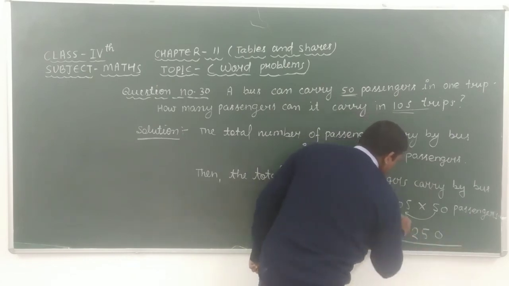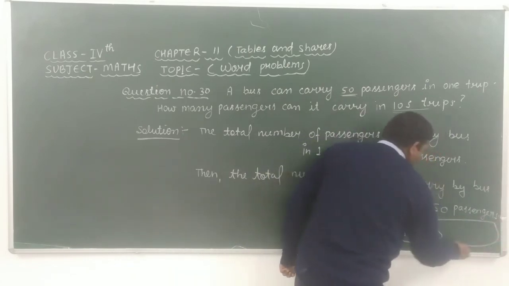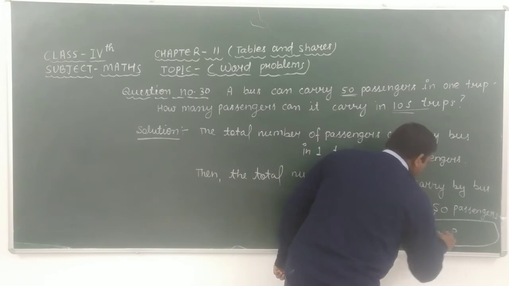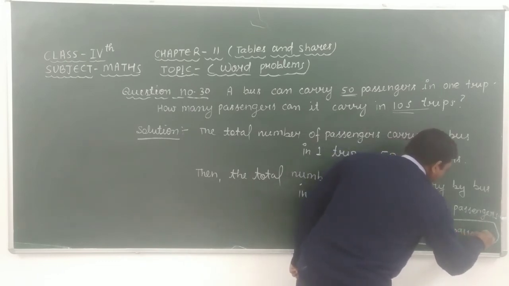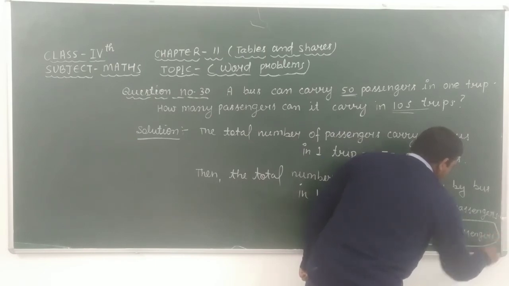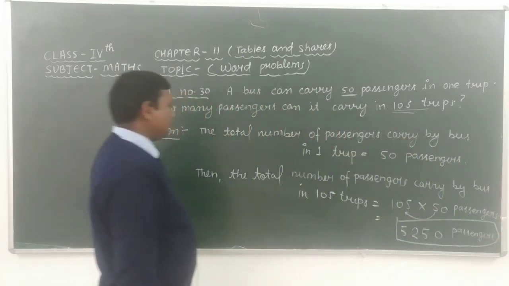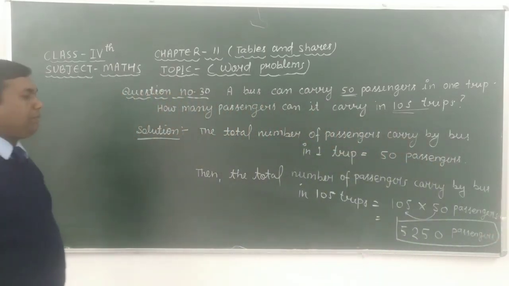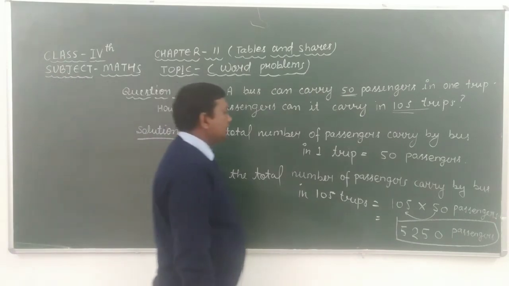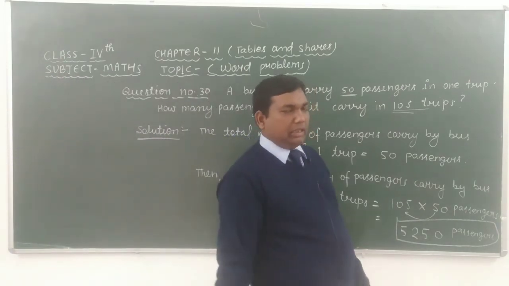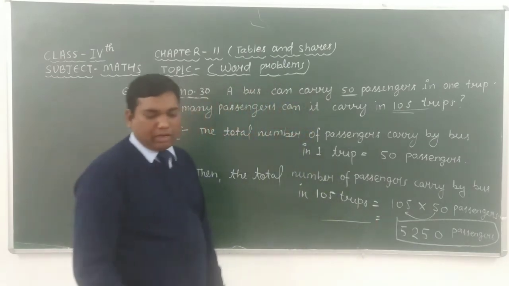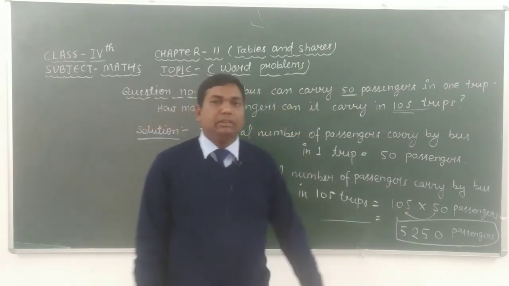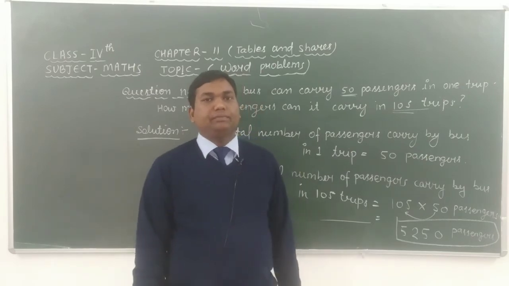It means that 5,250 passengers. Okay, students? It means that 5,250 passengers are carried by bus in 105 trips. Understand? If you have any doubt in this question, please ask me. Okay, students? Thank you.